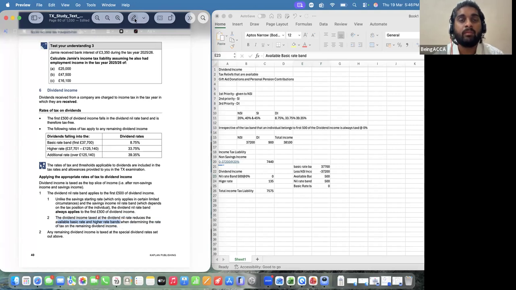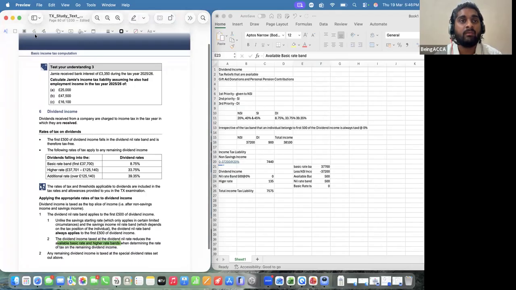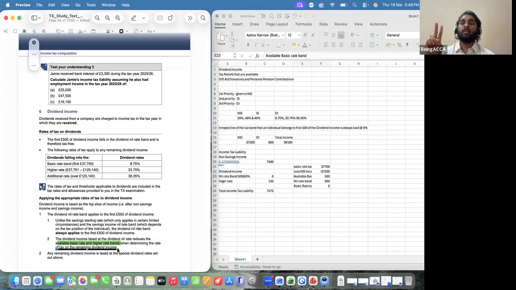This is a very important point to remember, because if you forget this, it will impact your calculations. And two things to remember for dividend income: irrespective of the taxpayer that you are, you have 500 of nil rate band, and the tax rates for dividend income are different in comparison to your non-savings income and savings income.